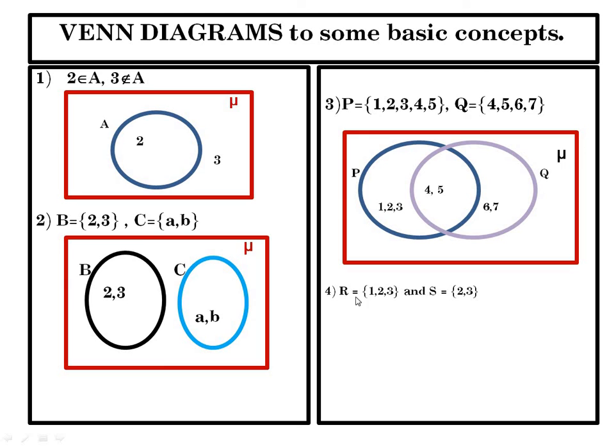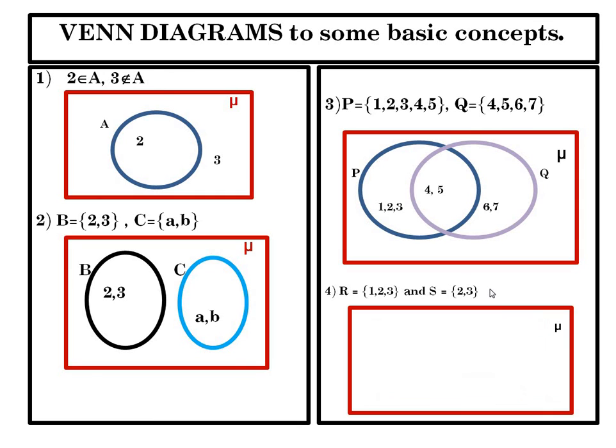The element 1 exists in R that does not exist in S, isn't it? So in this situation we should draw the circles within one another. R should be the bigger circle and S should be the smaller circle, and the S circle should exist within R.